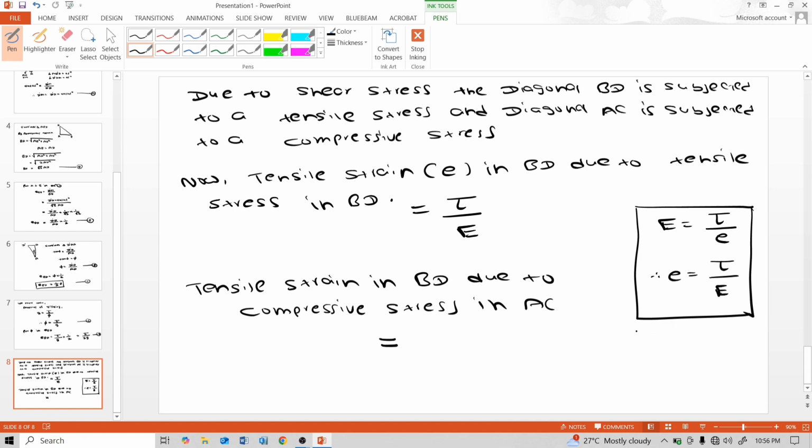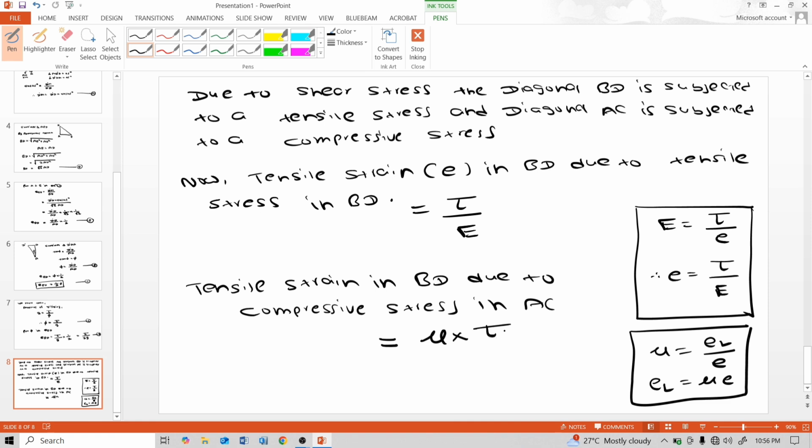See, with the help of Poisson's ratio formula, Poisson's ratio is lateral strain to the longitudinal strain, and lateral strain is mu into the longitudinal strain. Therefore, lateral strain is Poisson's ratio mu into longitudinal strain, which is tau by E here. If you see previous lectures, then you grasp this topic very clearly and early.